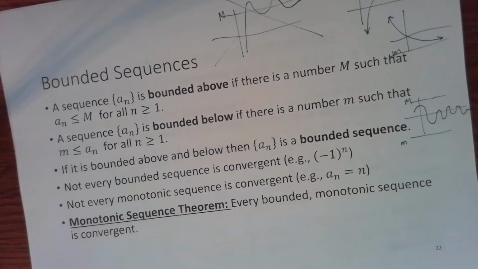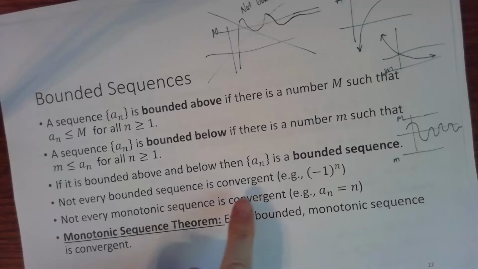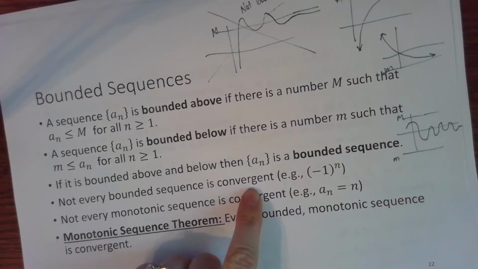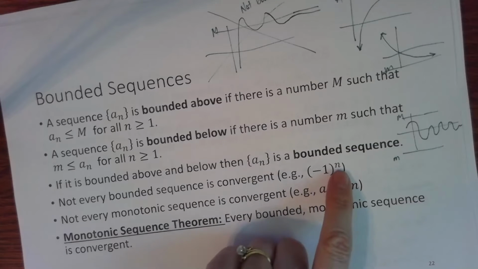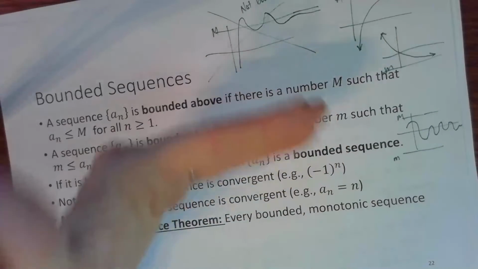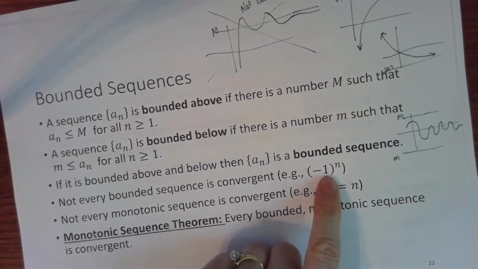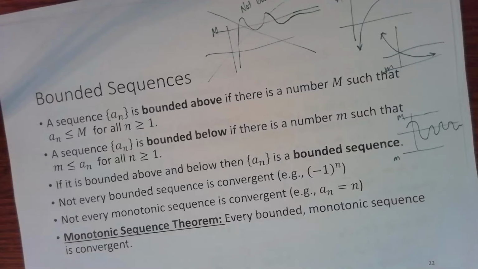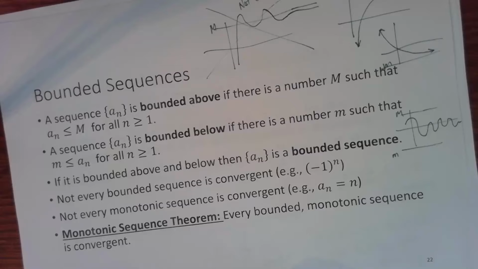One thing to notice is that not every bounded sequence is convergent. For instance, (-1)^n just oscillates between -1 and 1. That's bounded above by 1, and bounded below by -1, so it's bounded, but it's not convergent. Also, not every monotonic sequence is convergent.